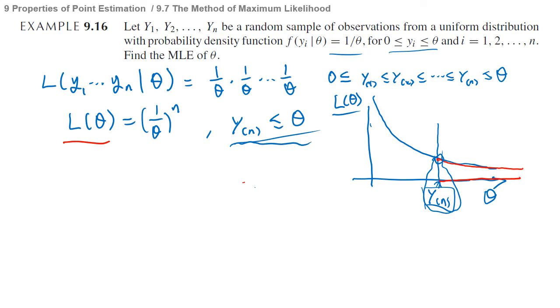So our theta hat estimate is yn, which is the maximum of y1 to yn. So this is our maximum likelihood estimator for this uniform distribution case.